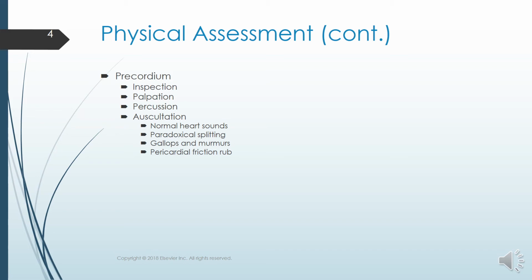The first heart sound, the lub, is S1, and it's created by the closure of the mitral and tricuspid valves, and it's usually softer and longer, and kind of low-pitched.